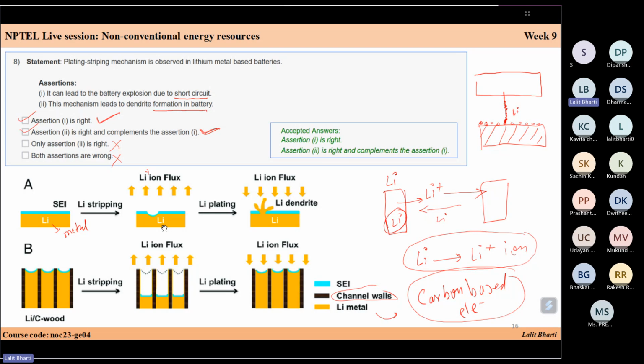In the process of discharging, your lithium will go from lithium metal to your cathode, from anode to cathode, so the stripping will happen. But what will happen in the reverse reaction? When charging, your lithium will come back to your lithium foil. So this is called stripping, and this is called plating. Plating means coming back to the lithium foil or the metal foil.